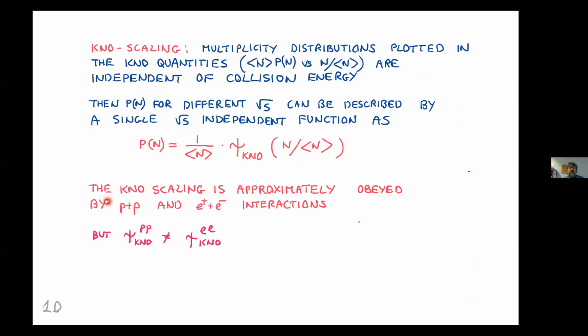Now, I said already that KNO scaling is approximately obeyed both by pp and e+e- interactions, but there is an important caveat: the form of the scaling function is different for pp and e+e- collisions.